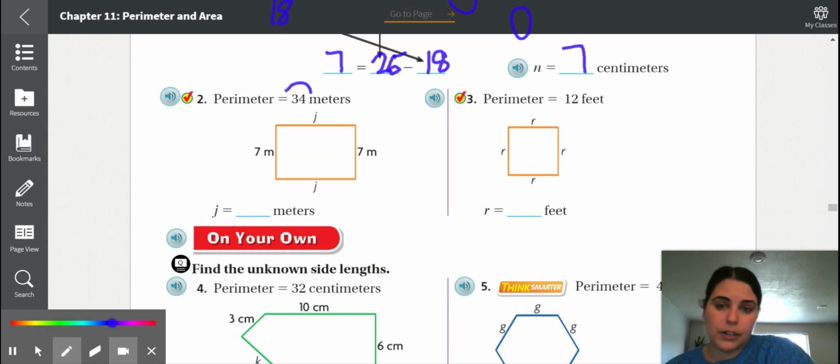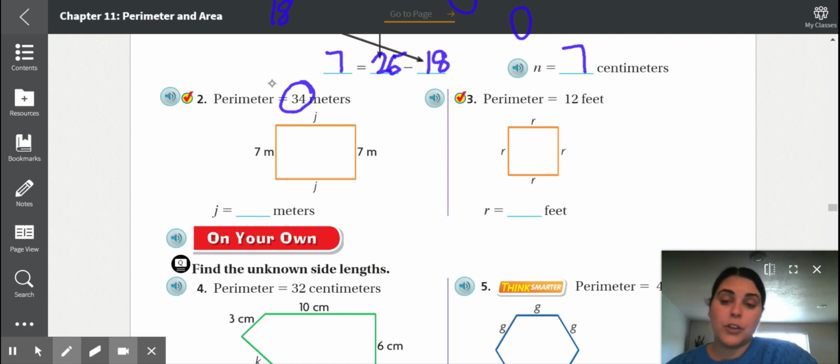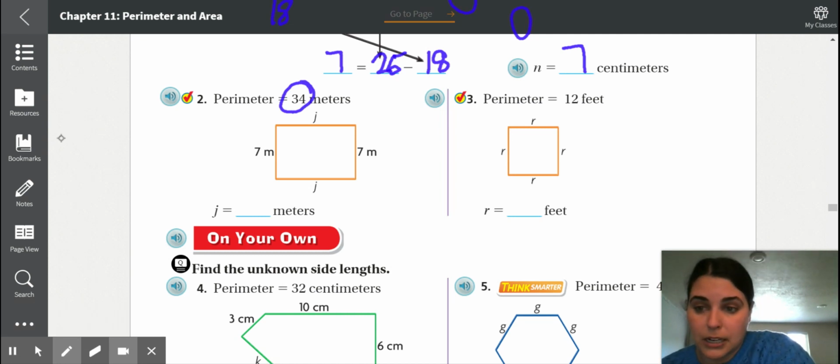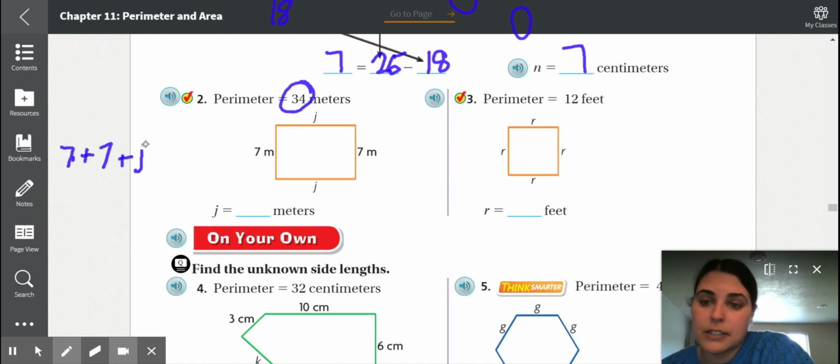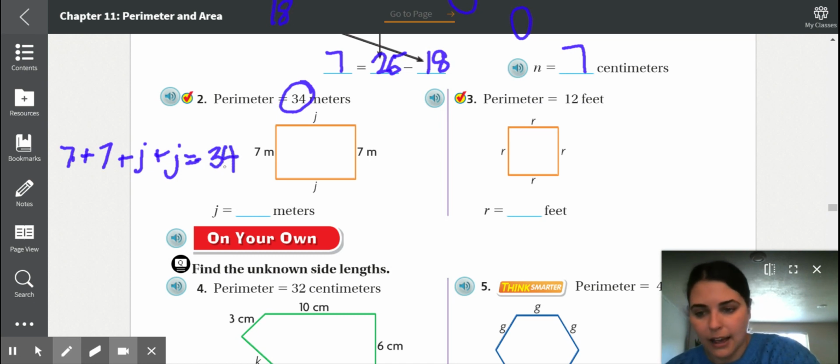We know that the perimeter needs to be 34. So we know that it needs to be 7 plus 7 plus J plus J has to equal 34. Okay, add the numbers that we have.